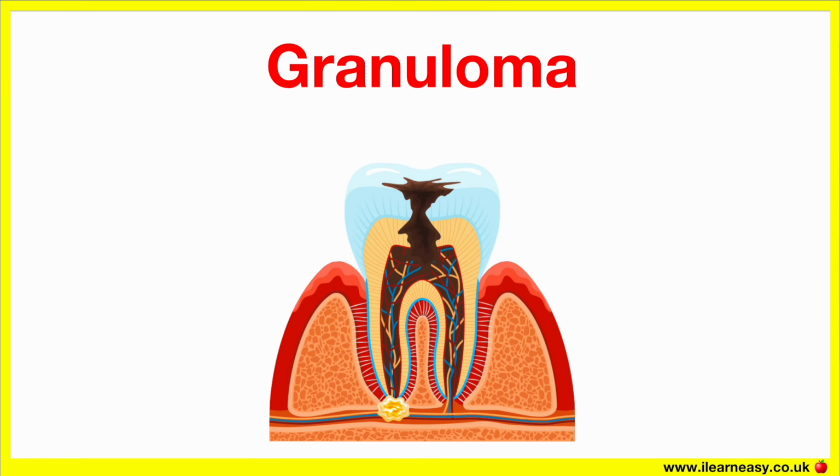In the mouth, it can often occur at the tip of a dead or infected tooth. There are different types of granulomas, such as infectious, non-infectious, and foreign body granuloma. The treatment for granuloma depends on the cause. Some treatment options are antibiotics, root canal treatment, tooth extraction, or surgical removal.